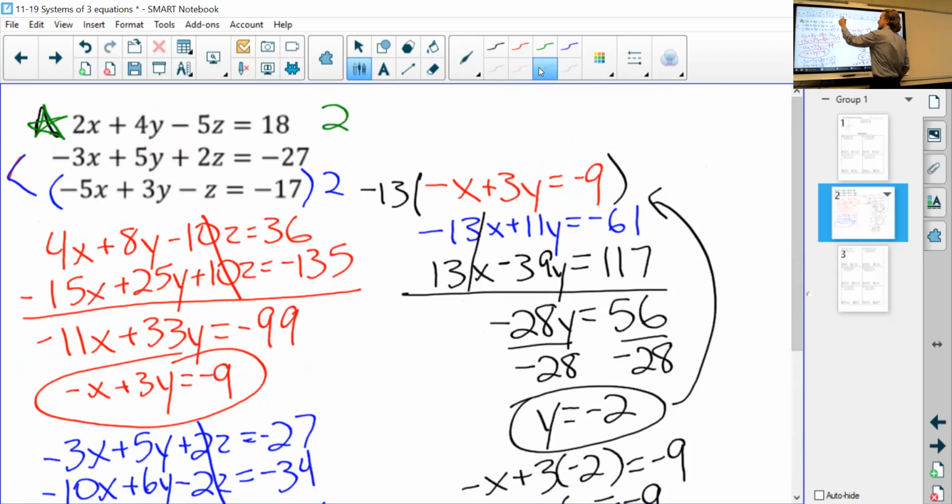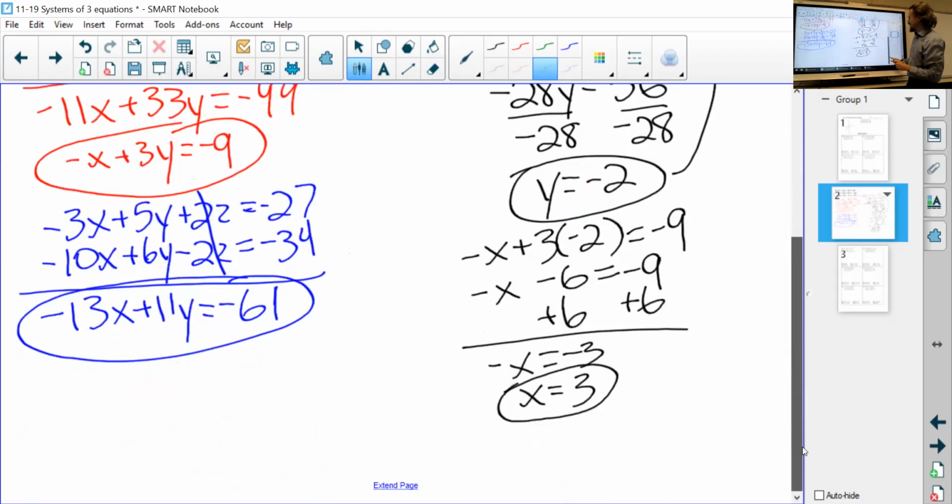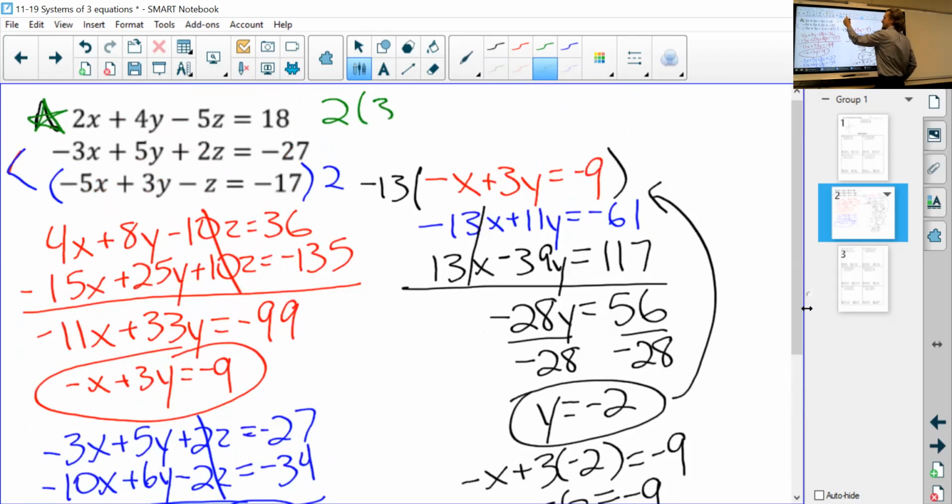So 2 times, I keep forgetting what x was. 2 times 3 plus 4 times y was negative 2 minus 5z equals 8.